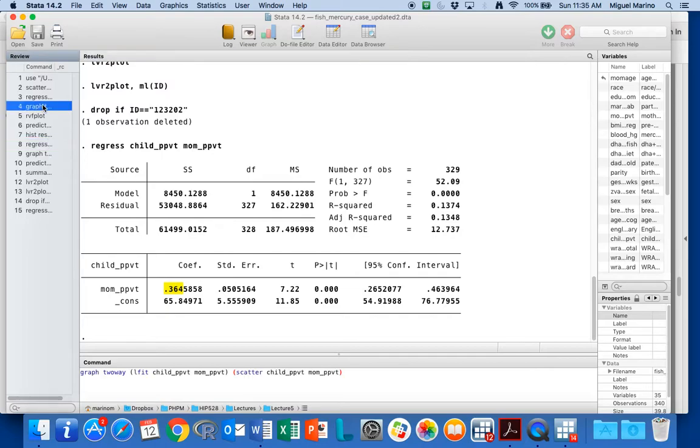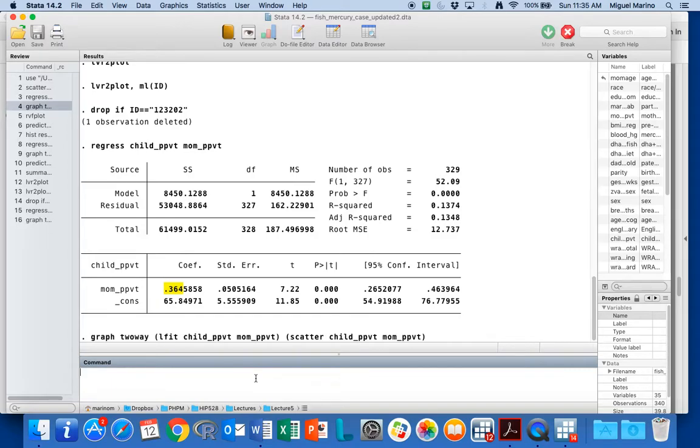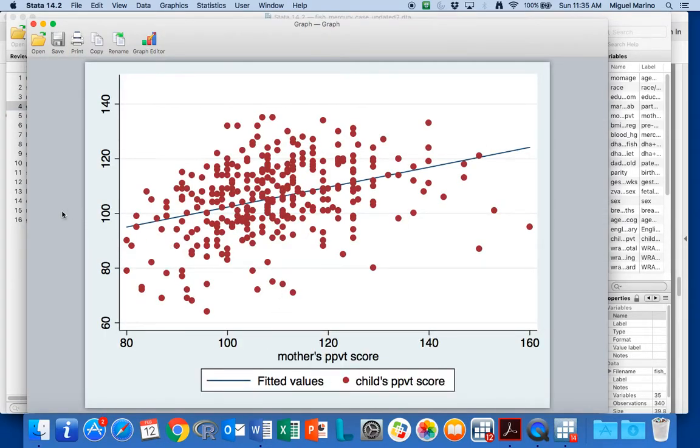And if you wanted to get a new graph, you do again, you run the graph twoway, lfit, and scatter. And you see that the observation that was all the way to the left, the potential outlier, is removed, and you do see a stronger line here. Okay?